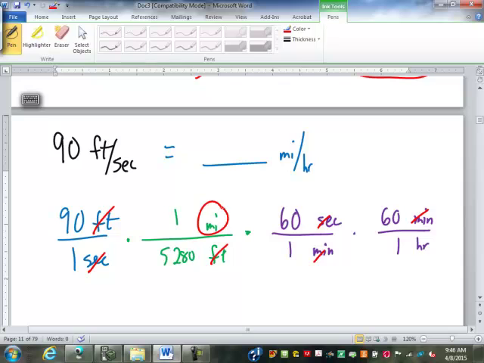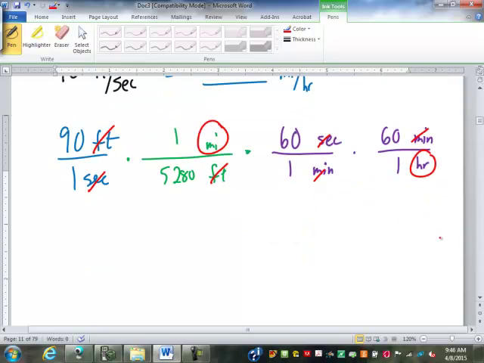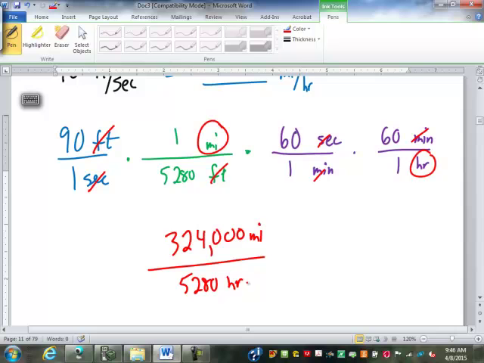So we are left with miles per hour. So we've got 90 times 60 times 60 is 324,000 miles. 1 times 5280 times 1 times 1 hour is 5,280 hours.